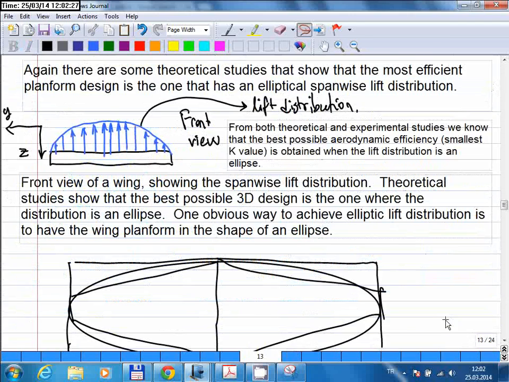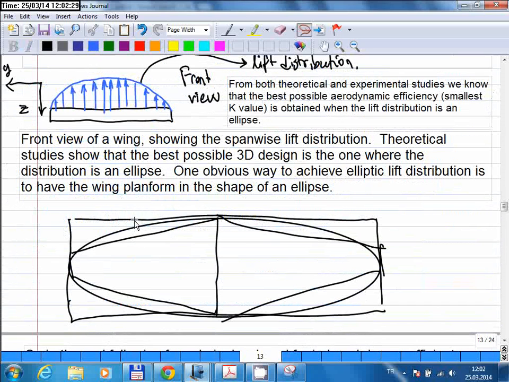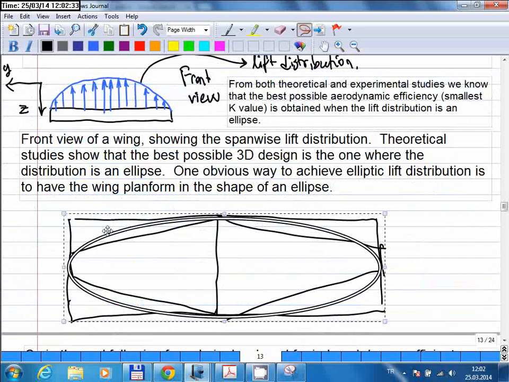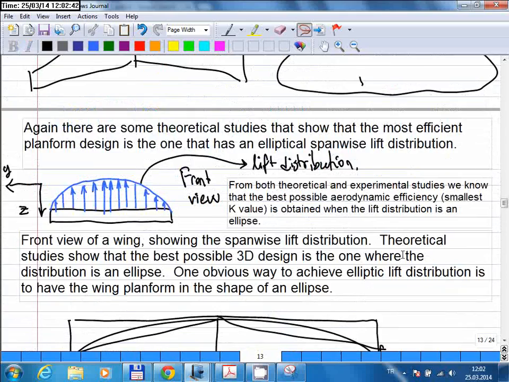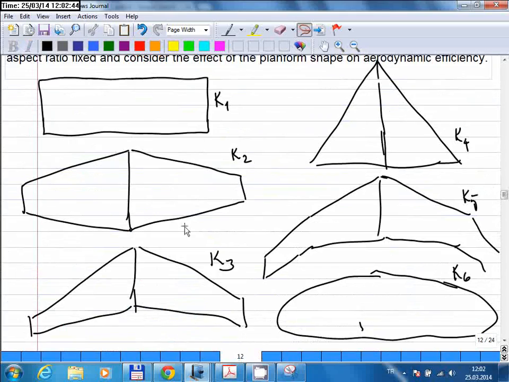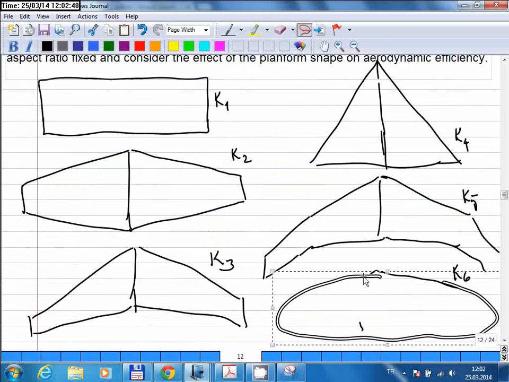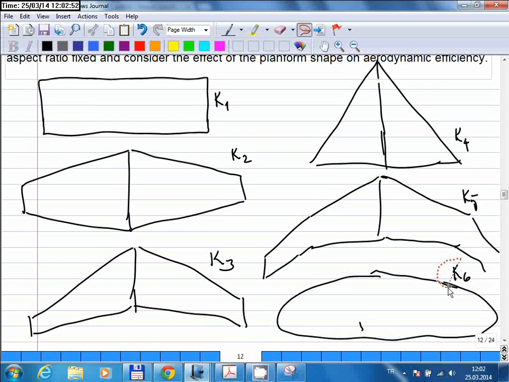So if you make the wing planform in the shape of an ellipse, that gives you an elliptical lift distribution, and that gives you the best possible aerodynamic efficiency. Okay, so in other words, if you compare all these designs, most probably this will give you the best possible aerodynamic efficiency. That means this K6 value will be the smallest among the K values of the other wing designs.